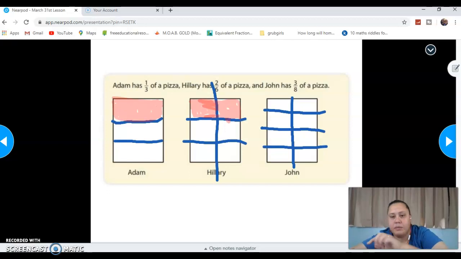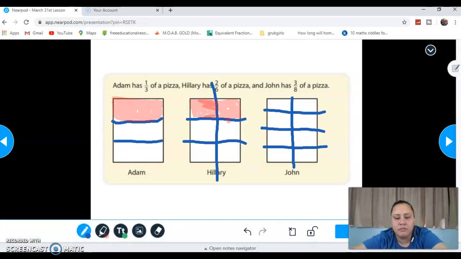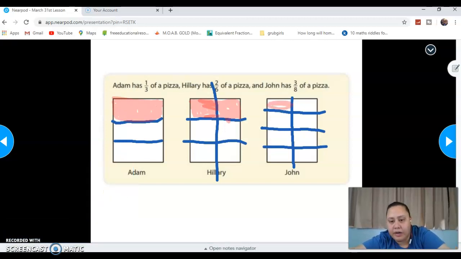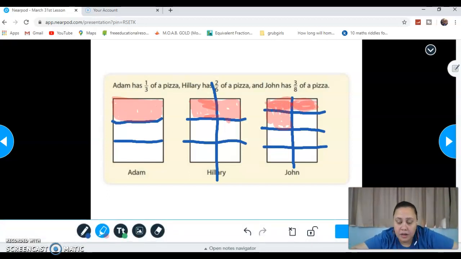And that's close. Yeah, okay. And this means he ate 3, or we should be shading 3 because our numerator is 3. 1, 2, and 3.